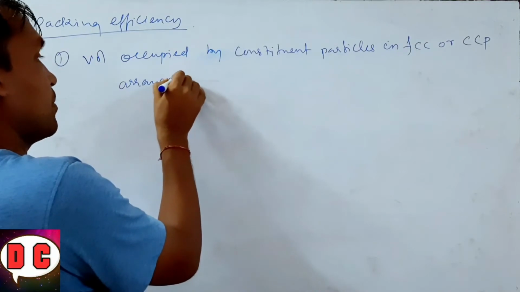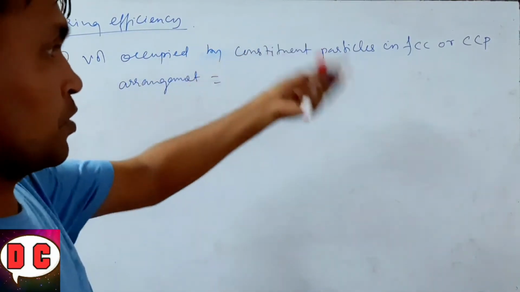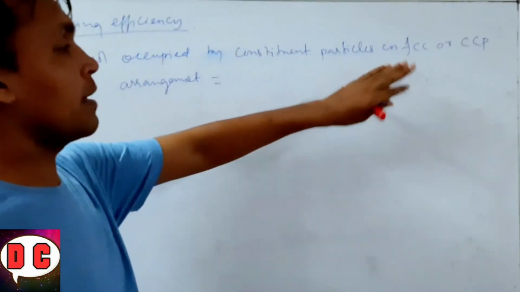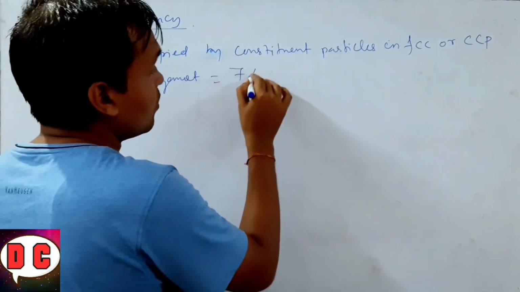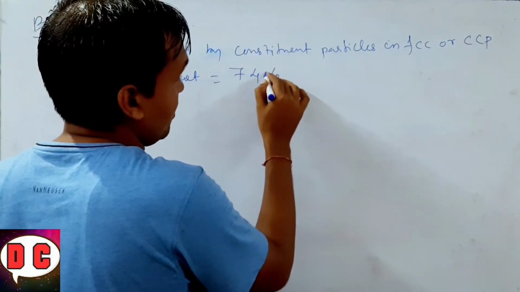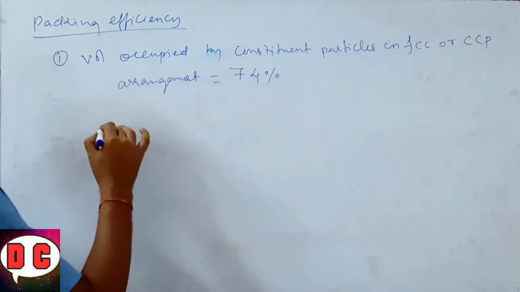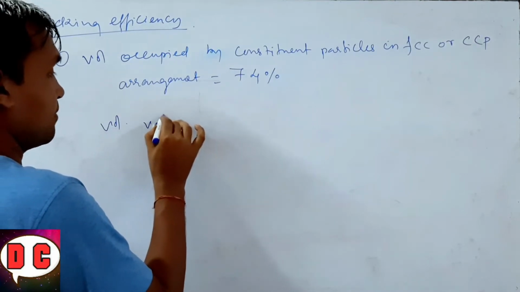So this one you have to remember. Volume occupied by the constituent particles, those spheres we have seen, in FCC or CCP arrangement is equal to, out of 100%, how many percent they occupy? 74.